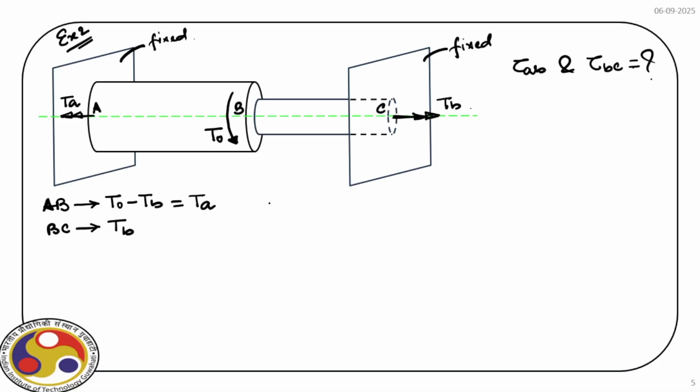Now phi B is equal to TA times, say, the length of the first part is L1 and second part is L2, and G1 and G2 are the material constants. Similarly, we have IP1 and IP2.